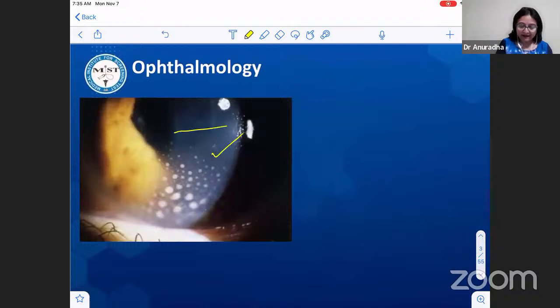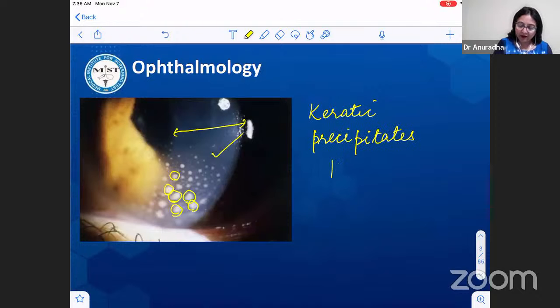This is the corneal slit here, and you are seeing these multiple whitish, mutton fat-like spots at the back of the cornea, which are known as keratic precipitates, or in short, KPs. The KPs you are seeing in this image are very big. They are known as mutton fat KPs.